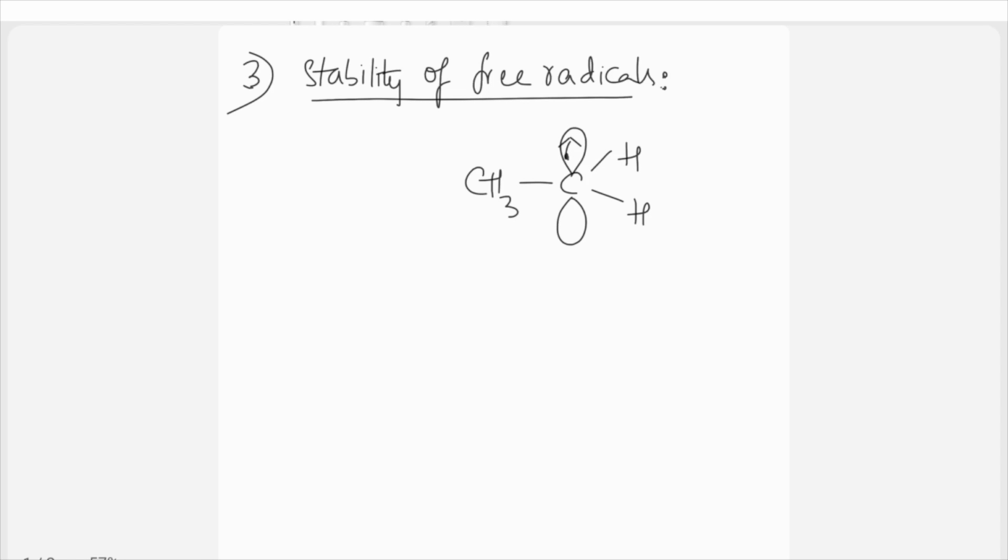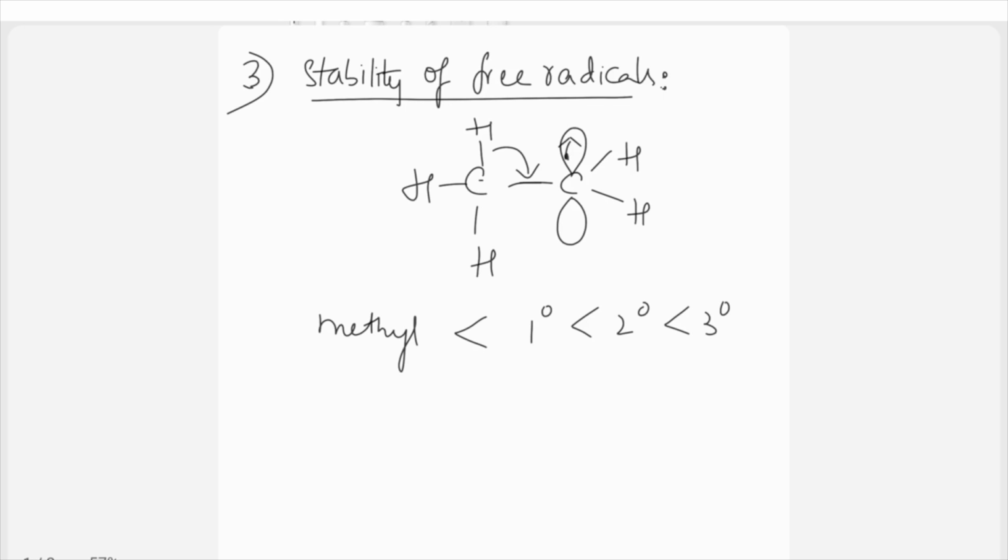So there can be again the shift of the bond from alpha hydrogen to the p orbital. Hence it follows the same order: methyl is less stable compared to primary, less stable compared to secondary and tertiary. So this is the same order as that of the carbocations.